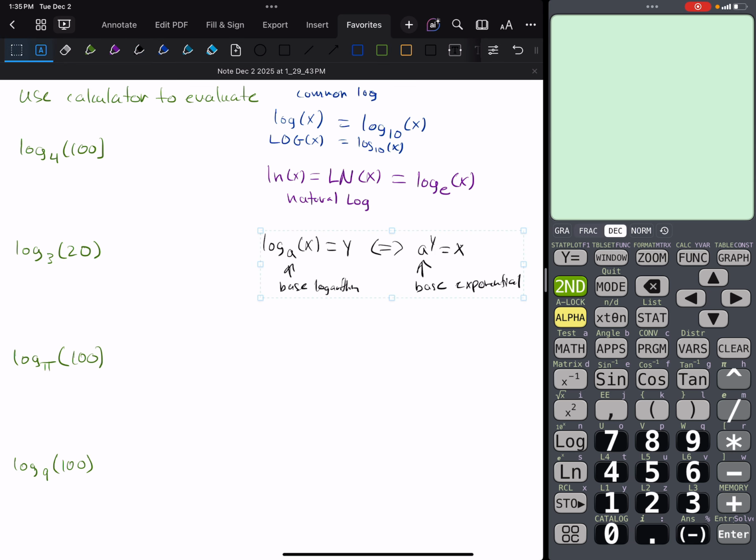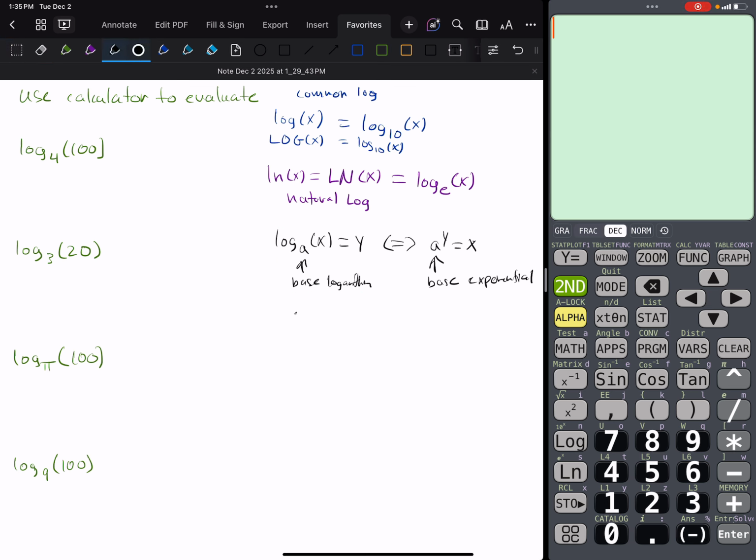What I need to do is change the base of these logs before I can use the calculator to approximate their values.